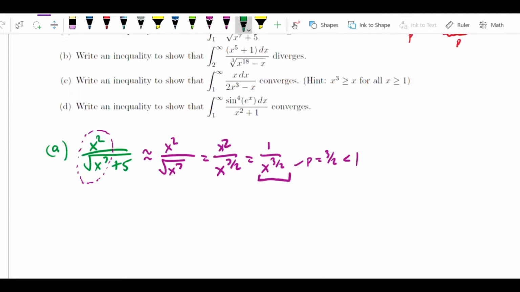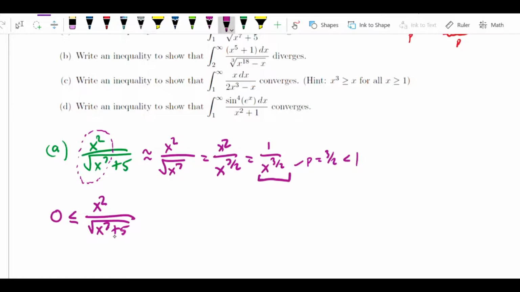So let's actually show how to generate the correct inequality. First of all, let's observe that as x is going to infinity, x squared is positive, and the square root of anything is always positive. So I can certainly write that 0 is less than x squared over the square root of x to the 7th plus 5.